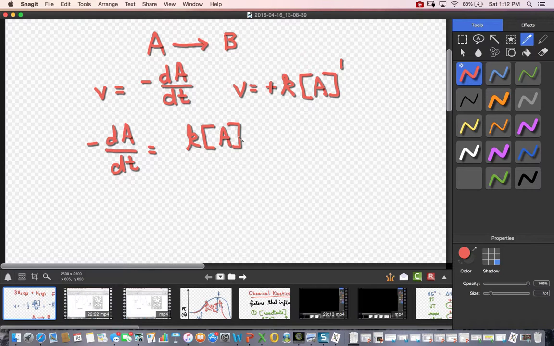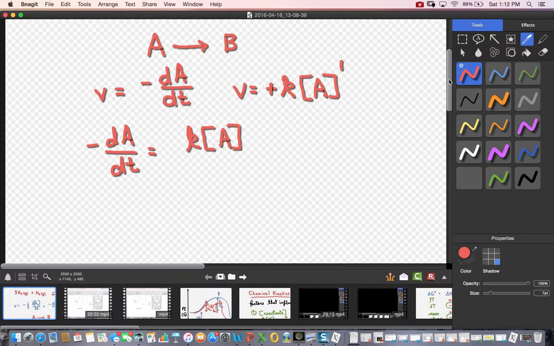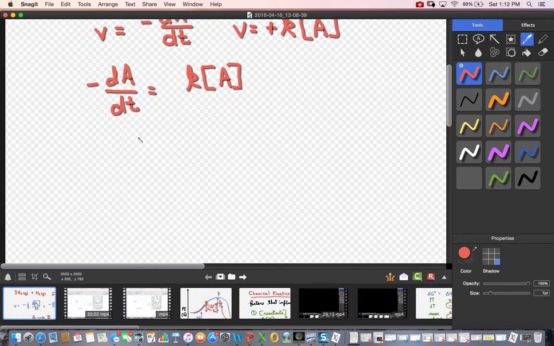I simply want to show you how we get this integrated rate law. It's the result that ultimately matters here, but I can rearrange these variables and I can get dA over A is equal to minus K dt.